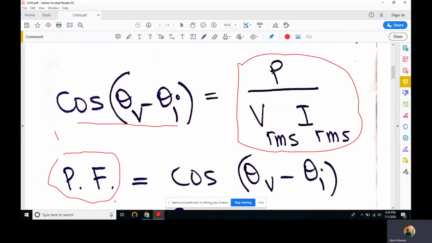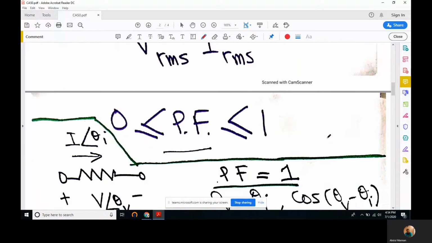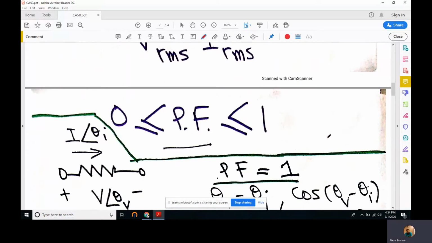To find out the power factor of a load or a source, we must know the power, the RMS value of voltage, and the RMS value of current. And power factor is always between 0 and 1.